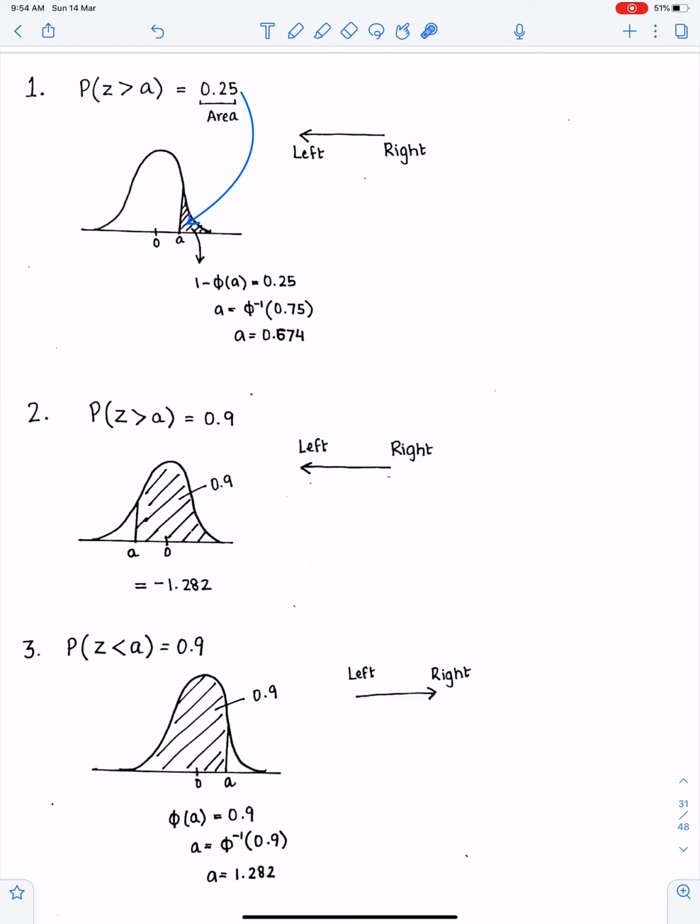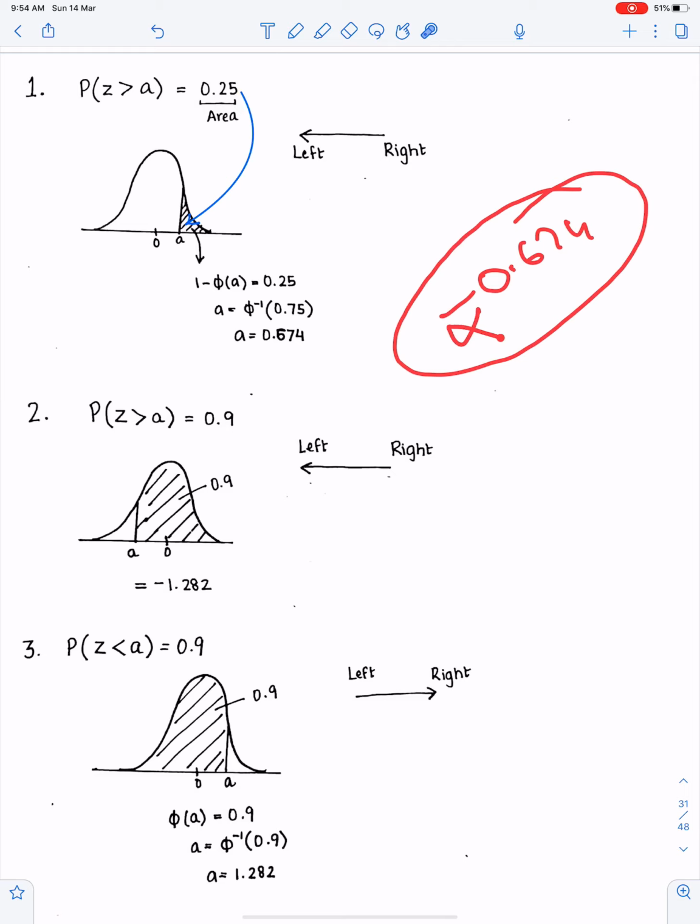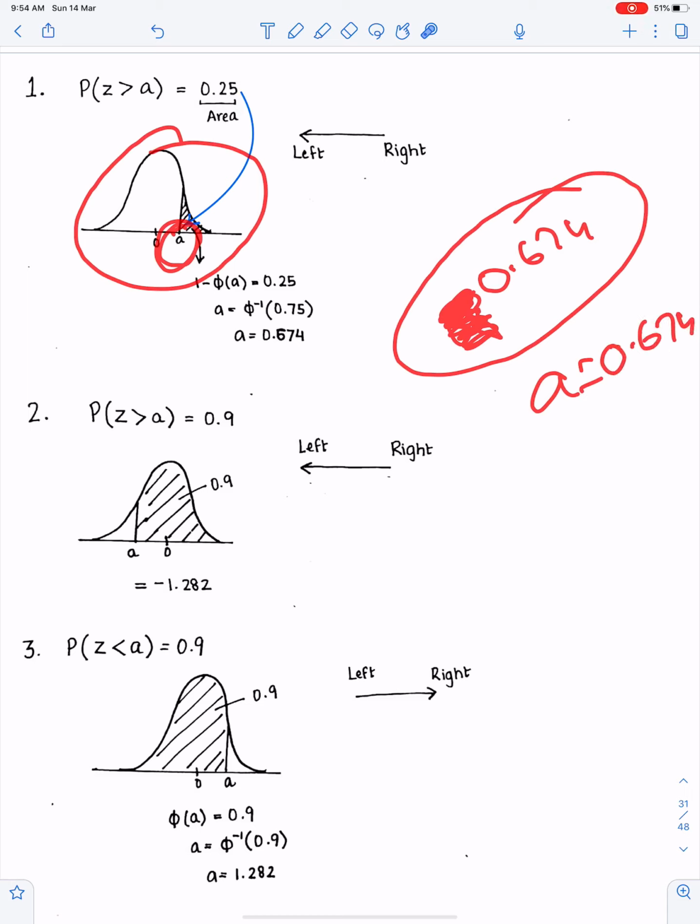I'll get minus 0.674. I'm getting this, minus 0.674, but this minus is not the right sign. I just need to ignore this sign, and I have to decide sign according to my sketch. According to my sketch, my unknown is positive, so I have to write positive 0.674.